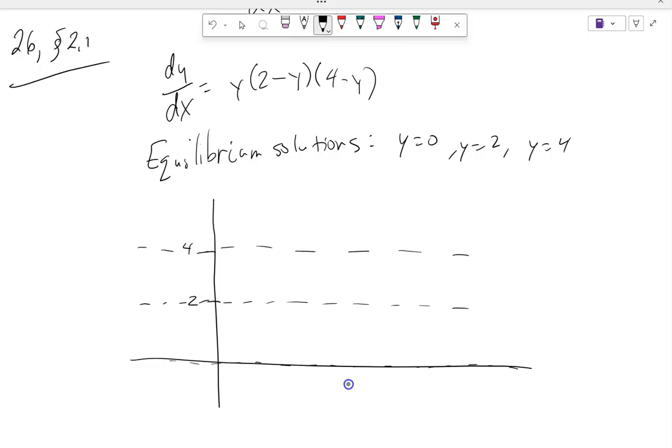And we're going to think about what happens if we move off of these equilibrium lines, okay? And just draw a general solution somewhere. The book shows these general solutions typically off the y-axis. Doesn't really matter where you start, okay? But let's say you had a solution that started down here.